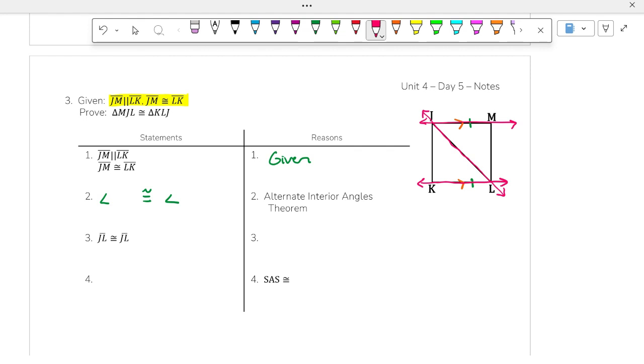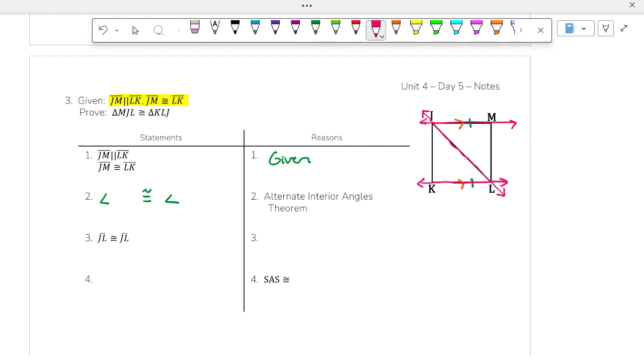How do I know they're alternate interior? They're on different sides of the transversal, and they're also inside the parallel lines. So which two angles would that be? Let's say that this is 1, 2, 3, 4. It's 2 and 3. So 2 and 3 are going to be our alternate interior angles.